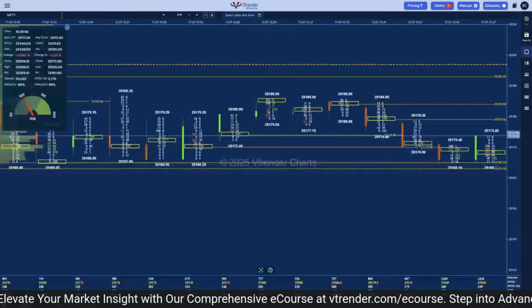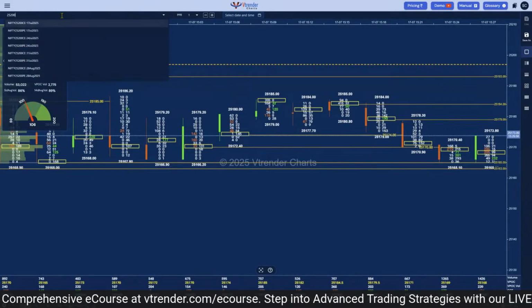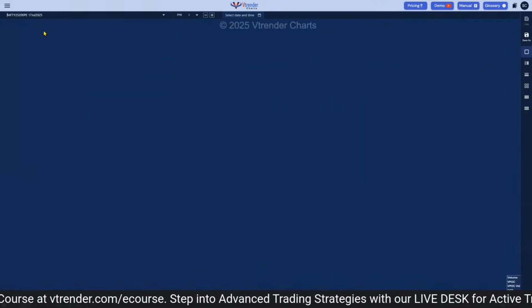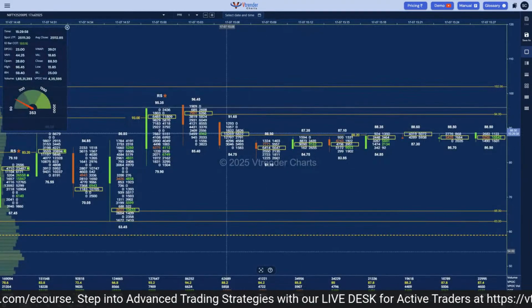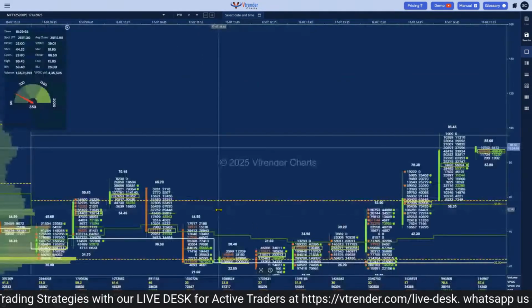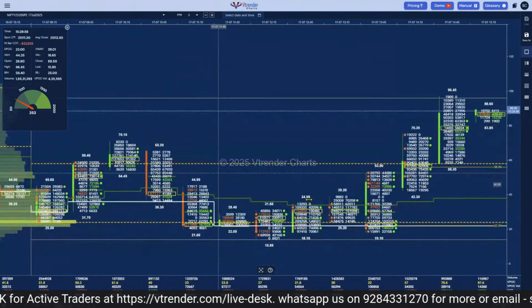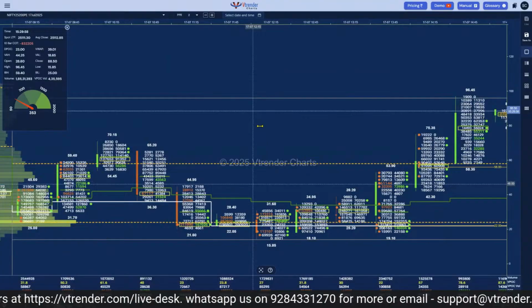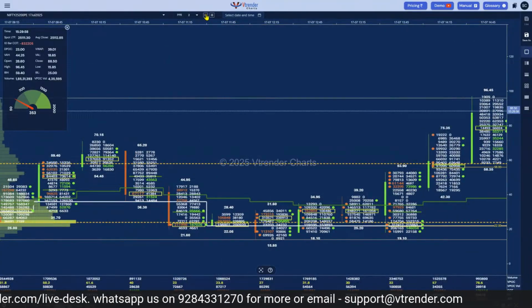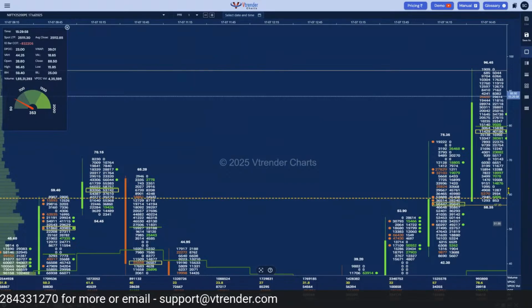So if I just quickly plot the 25-200 PE, this is the change which the market was forced to do later in the afternoon around 1:45 p.m. Right, so somewhere around here, a lot of these greens came in, and the market started moving up above the initial balance.